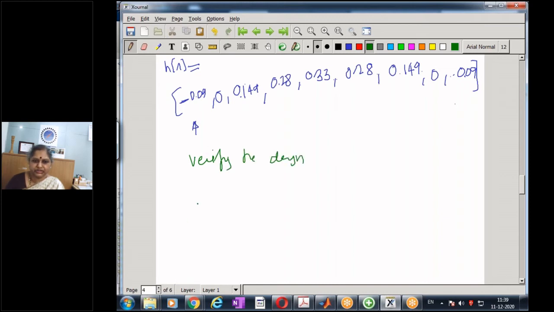What we shall do is we shall now compute an n-point DFT, the discrete Fourier transform. I'll take a larger point DFT of my sequence h n and try to plot the result.